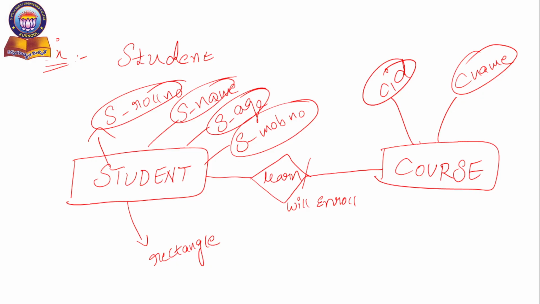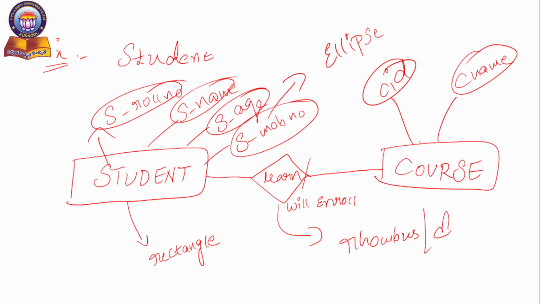In the ER model, an entity is represented as a rectangle, attributes are represented as an ellipse, and the relationship symbol is represented as a rhombus or diamond.